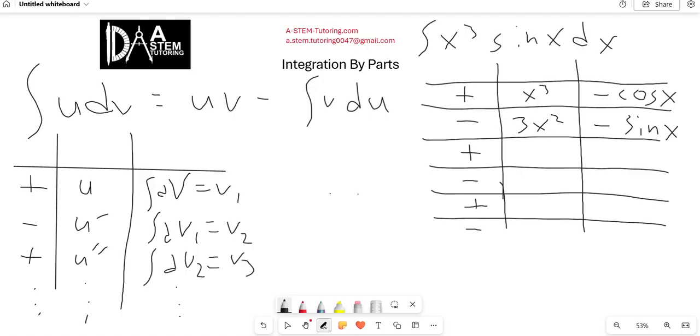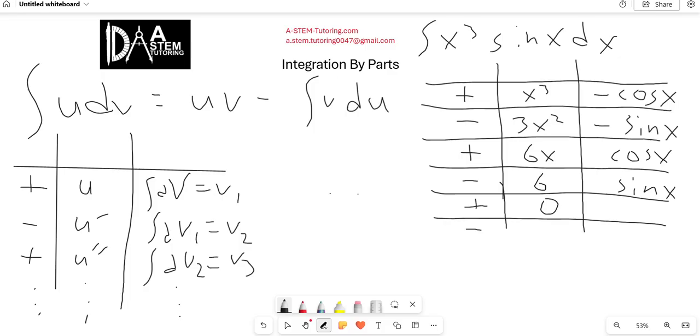The derivative of 3x squared is 6x. The integral of negative sine x is cosine of x. The derivative of 6x is 6. The integral of cosine x is sine x. And the derivative of 6 is 0. So that ends our table.